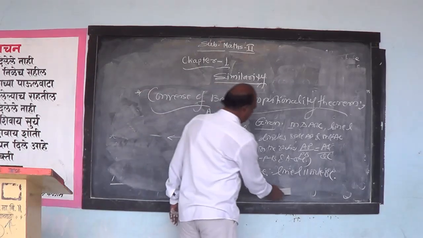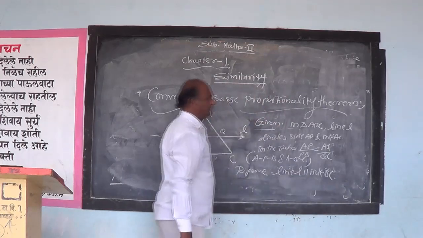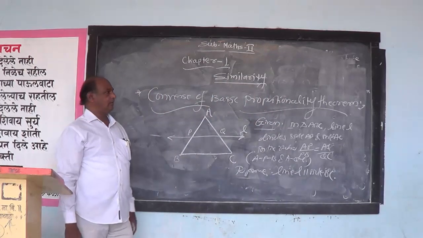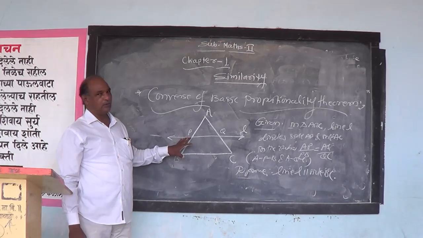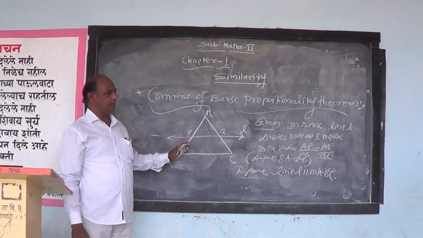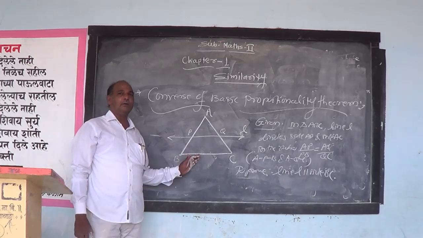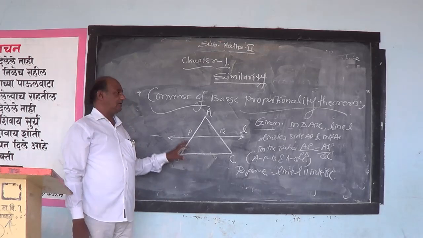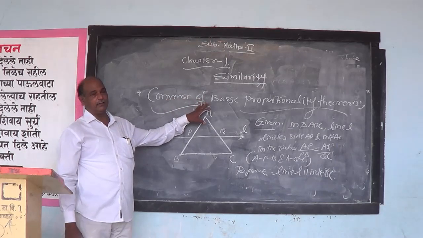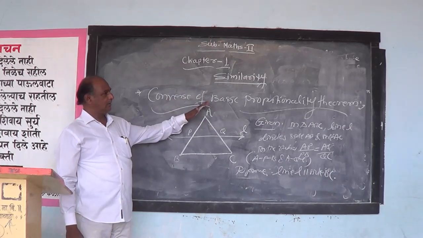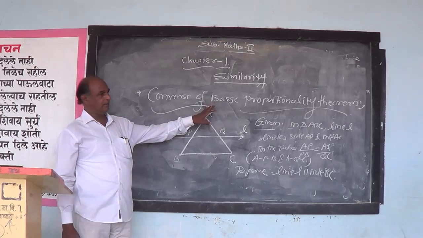Remember these two theorems, which are the most important for solving examples asked in the board exam. These examples are asked for 4 marks, or sometimes the basic proportionality theorem itself is asked in the board exam.